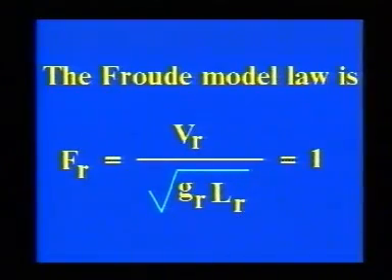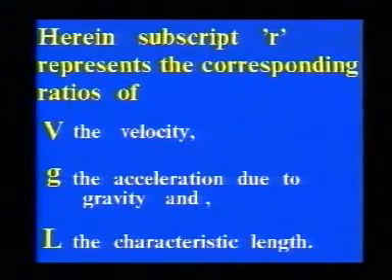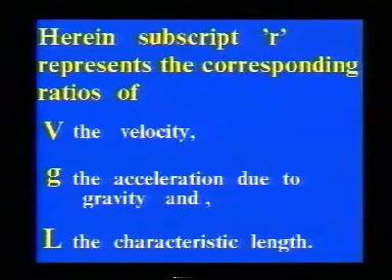The Froude model law is Fr equal to Vr divided by the square root of the product of Gr and Lr, and is equal to 1. Herein, subscript r represents the corresponding ratios of the velocity, the acceleration due to gravity, and the characteristic length.